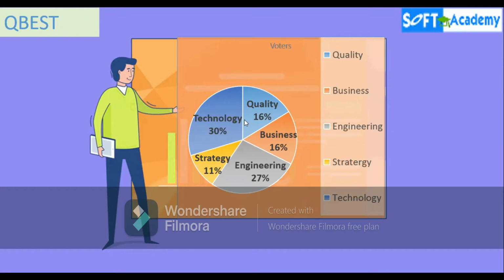According to the statistics from the votes in the bar chart, 30% of the audience were interested in technology, which took the highest priority compared to the other rankings, whether quality, business, engineering, or strategy, for week 2. So we decided to keep you updated with the latest technology in web programming and web designing.